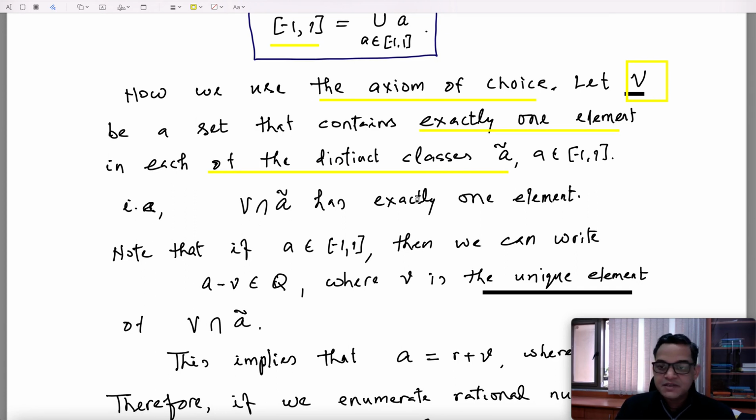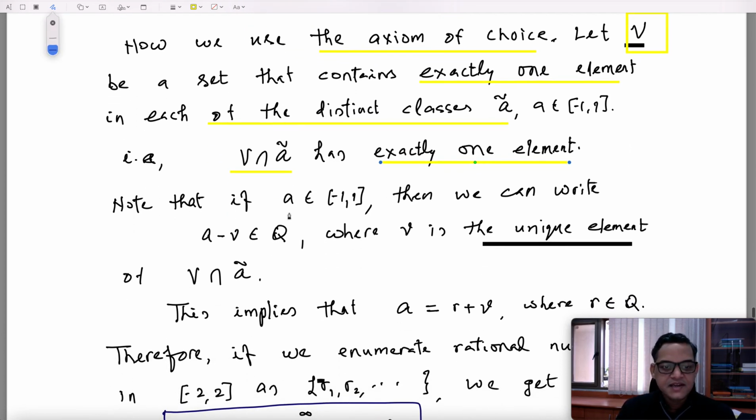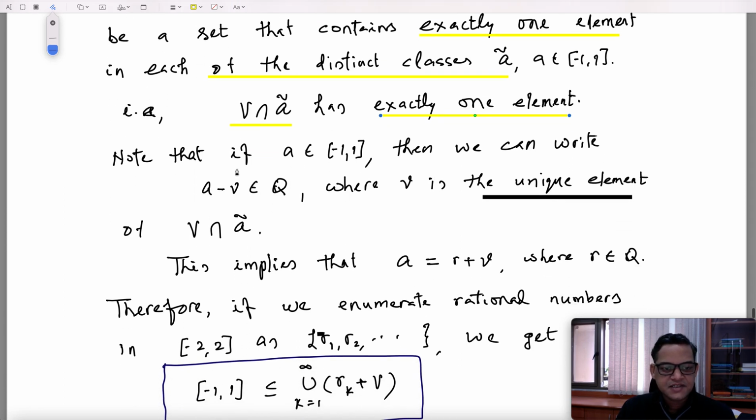Okay, so in particular, if I look at V intersection any of these A tilde, this will have exactly one element, correct? Now certain things you can easily notice: if V is over here, then by definition of A tilde, A minus V should be a rational number, correct?